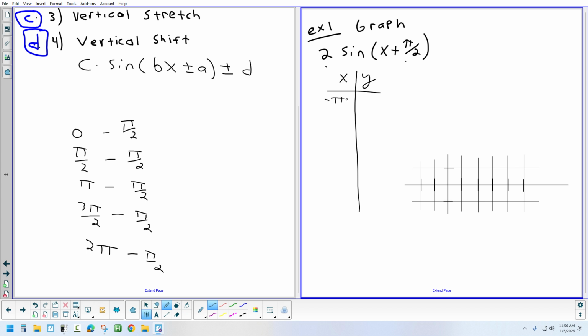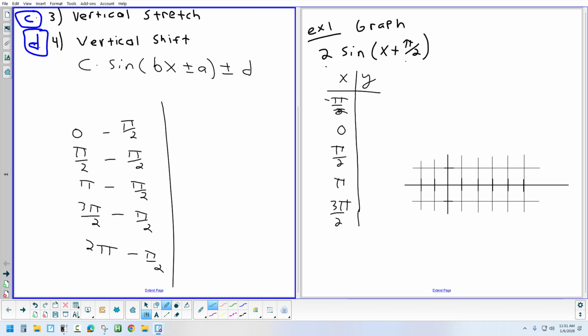Negative pi over 2, 0, pi over 2, pi, 3 pi over 2. Now, the original y values for sine, 0, 1, 0, negative 1, 0.